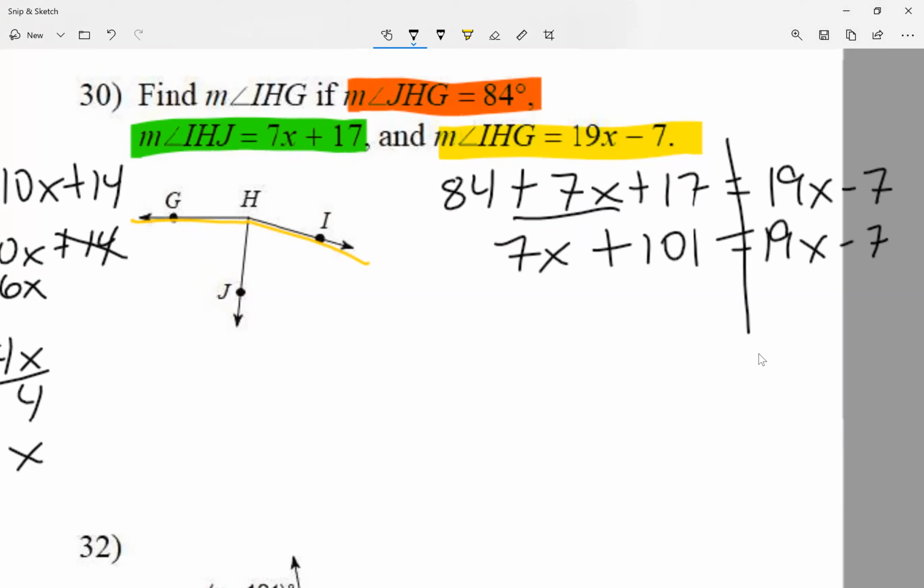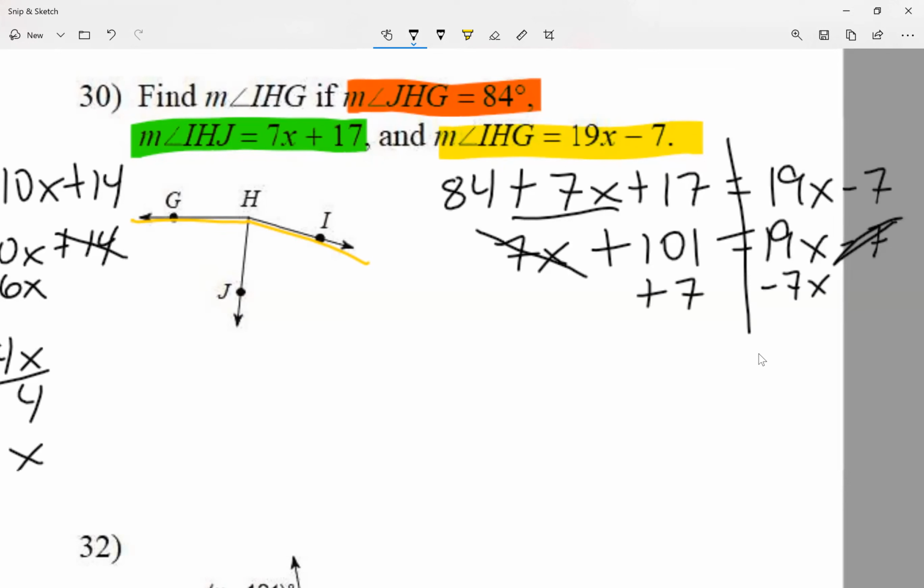One of them has a letter, the other one does not. Now, trying to combine like terms, I see the x's. So let me move the smallest x, the 7x, to the other side as a minus 7x. And then this negative 7, let me move it to this other side as a plus 7. Anything that I move to the other side, I switch the side.